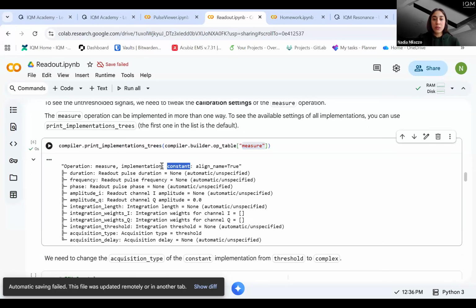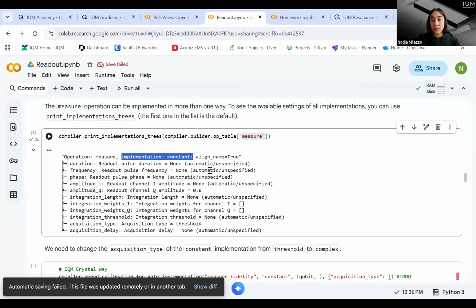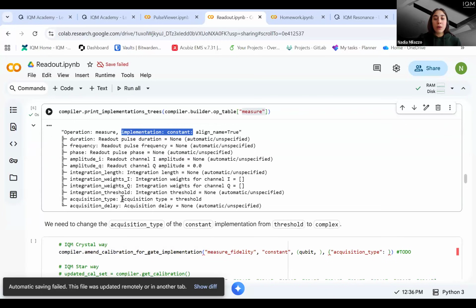Here, what we are interested in is this implementation constant, because this is the default implementation that we will use. And for the first time, we are going to change one of the default settings, this acquisition type. As I told you, we do not want to do this threshold, otherwise we would again see only 0 and 1, but we want to see the raw result.